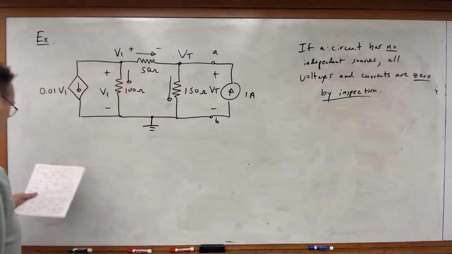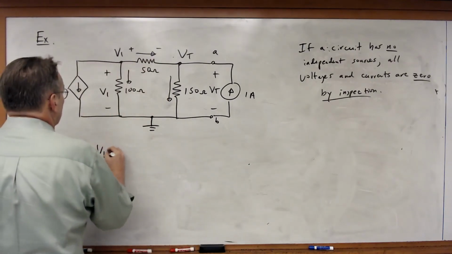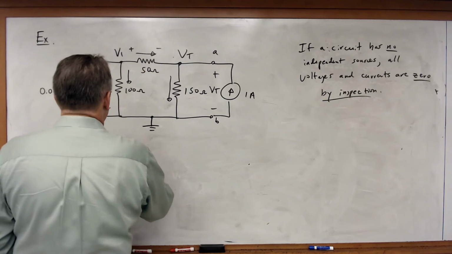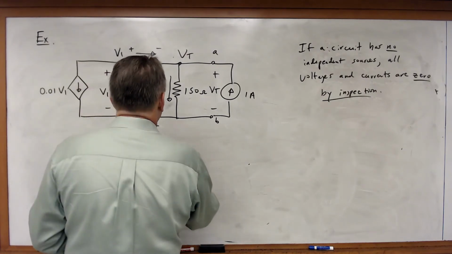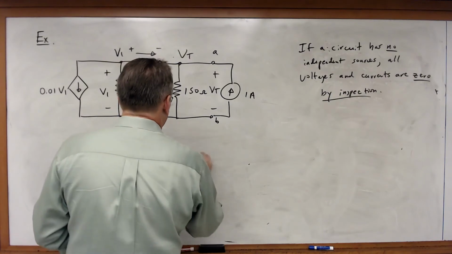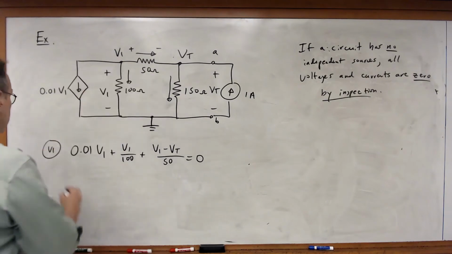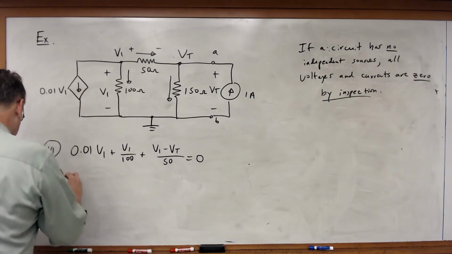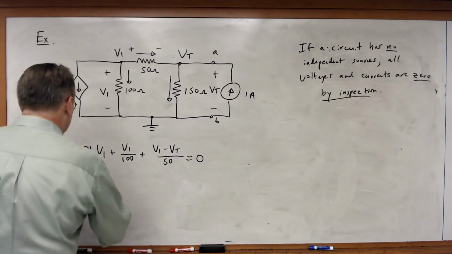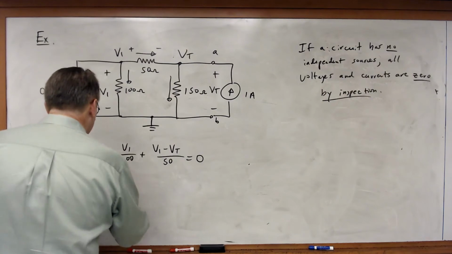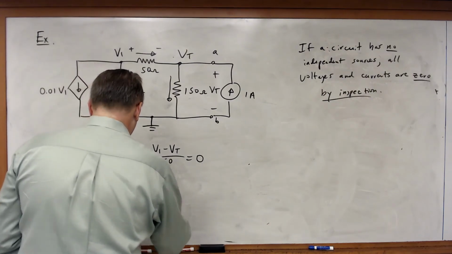Everything else is the same, and so what I'm going to get is 0.01 V1 plus V1 over 100 plus (V1 minus VT) over 50 is equal to 0. That's for my V1 node. For my VT node, I have (V1 minus VT) over 50 plus 1 is equal to VT over 150.